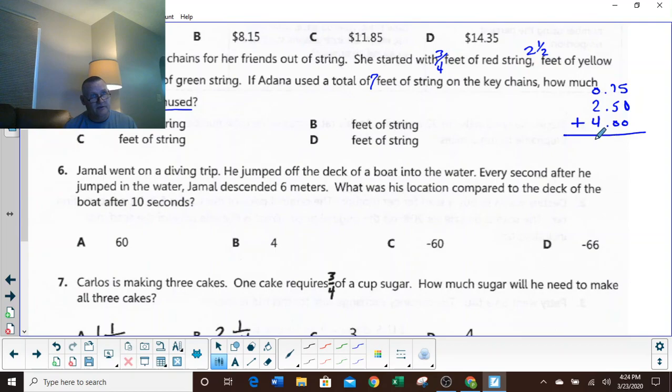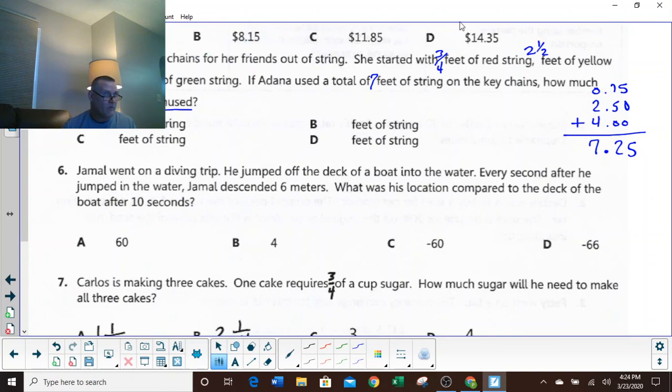I end up with 7. I can't remember what I got. 4, 5, 6. I think it was 7.25. Check me on my math here. 12 carrying on 4, 5. Yeah, that's it. 7.25 feet of string.